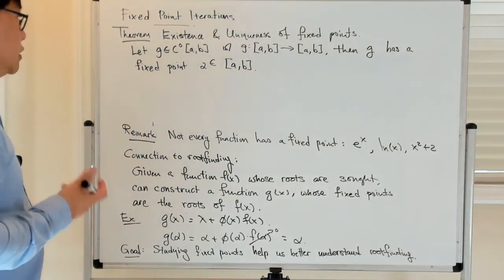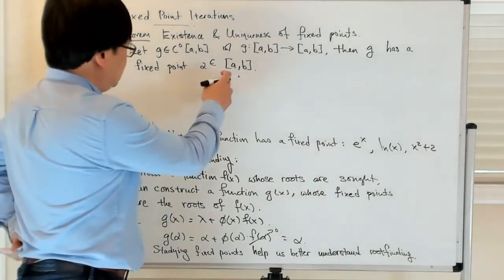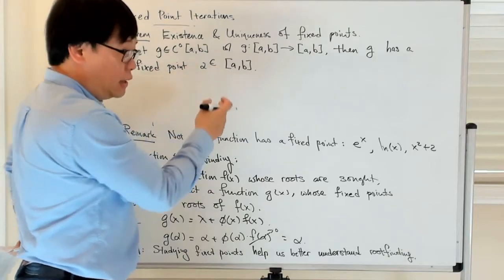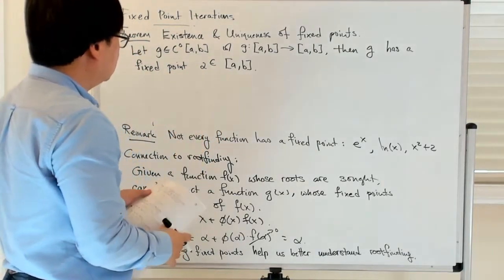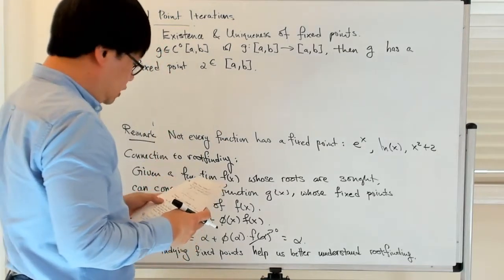And this is just a consequence of the intermediate value theorem, if you will, for g minus x, basically.